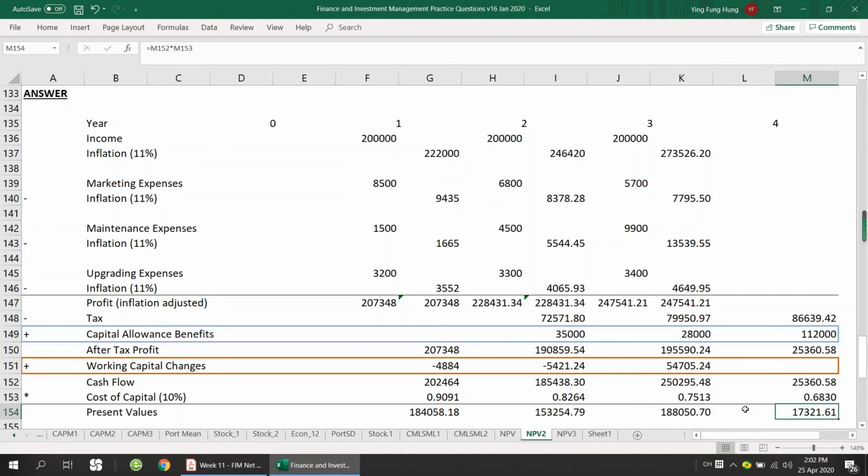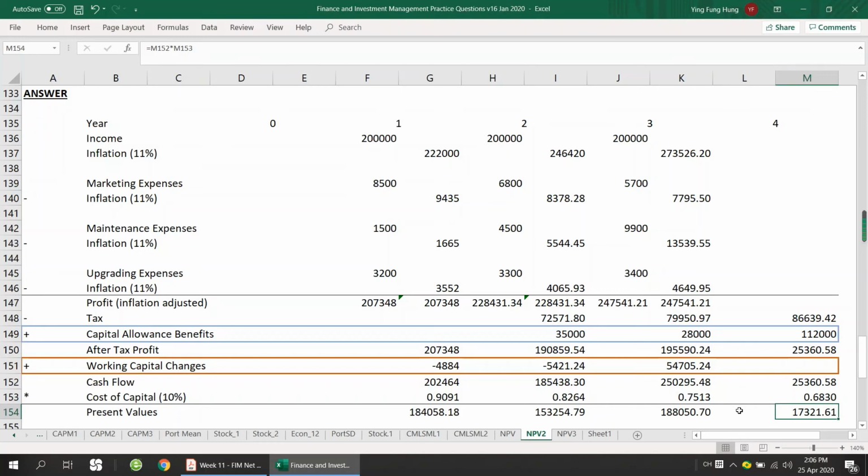For the present value of year 4, we take the cash flow in year 4, which is 25.358 thousand, and we multiply it by the discount factor of 0.6830. This will give us a present value of 17.32161 thousand for year 4.